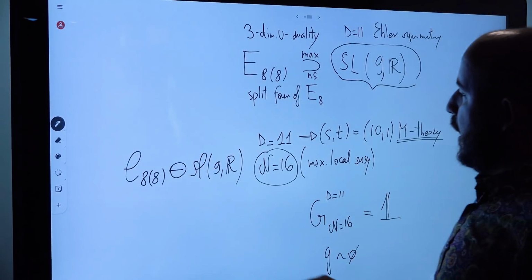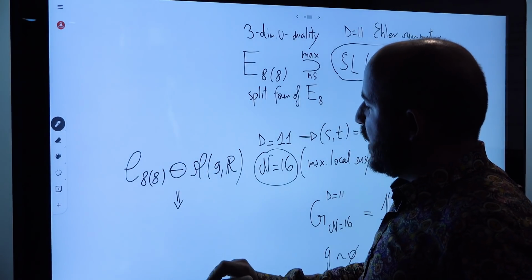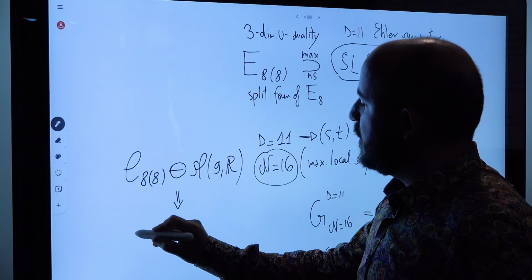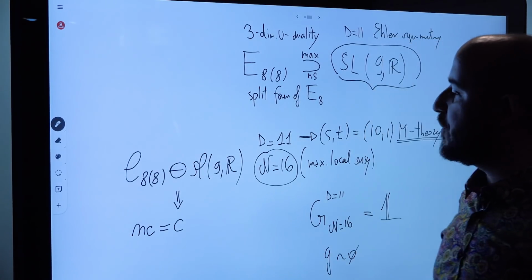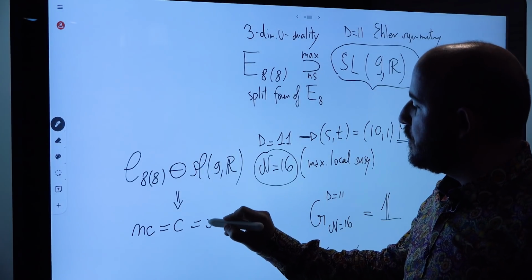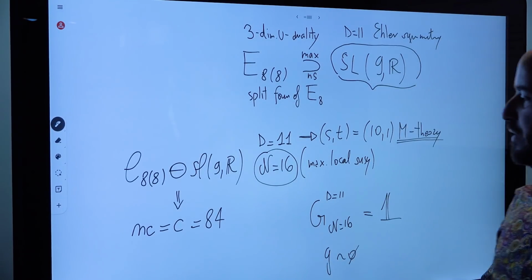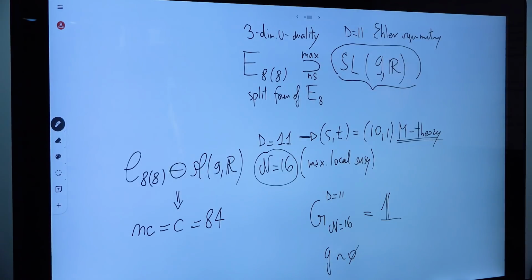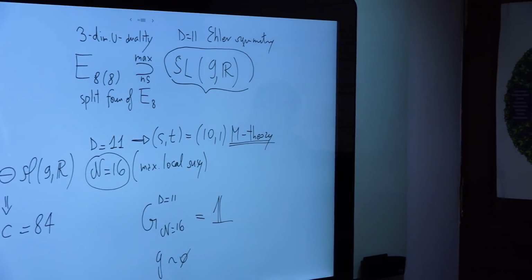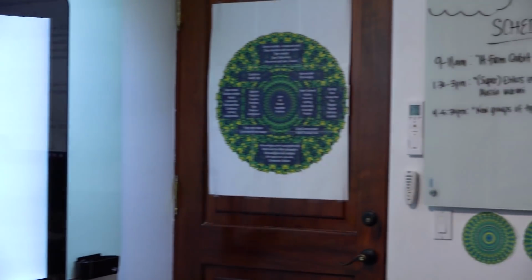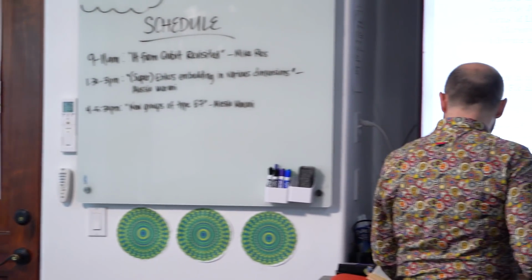Okay, and what I will show in a minute, it turns out that the number of non-compact generators is equal to the number of compact generators and is equal to 84. And this 84 will turn out to be relevant and describe some particular gauge fields in this setting. So let me specify this point better.